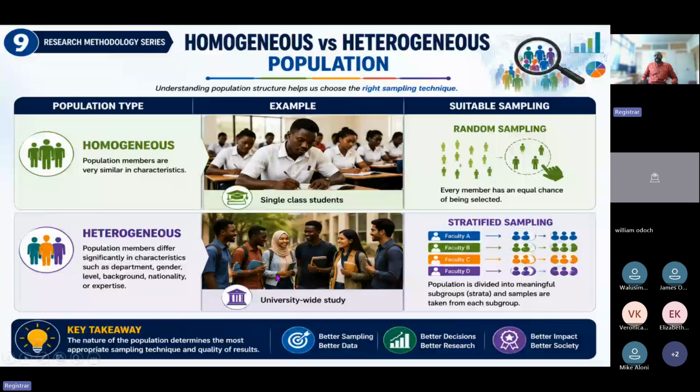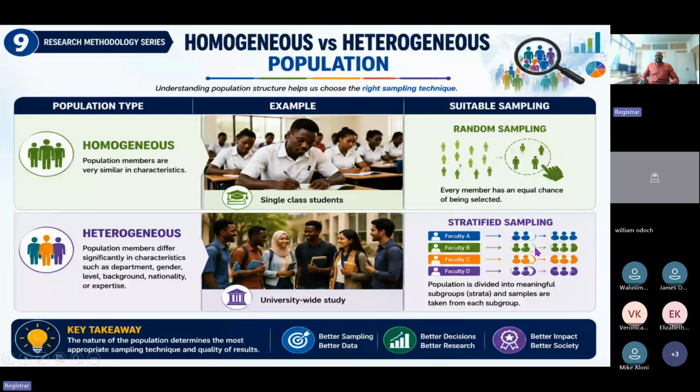Now, if the people under study is heterogeneous, means what? The population members differ significantly. As I told in my previous session, it can be department, gender, background, nationality, expertise. So with many things, they may be different. So in that case, the best suitable sampling technique is stratified sampling.